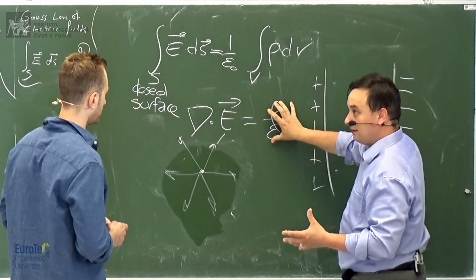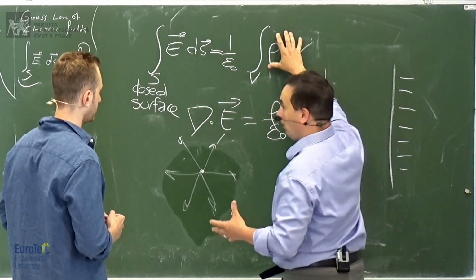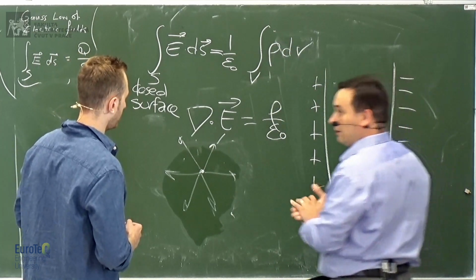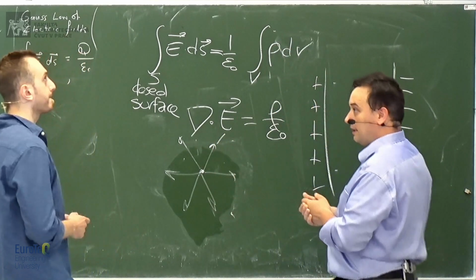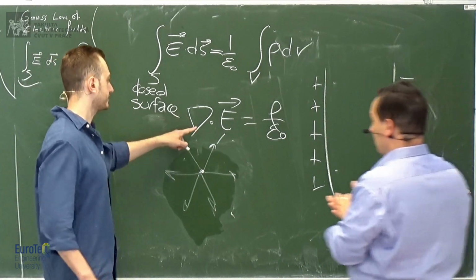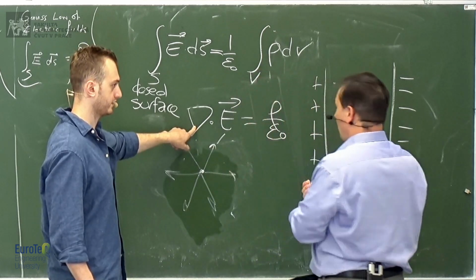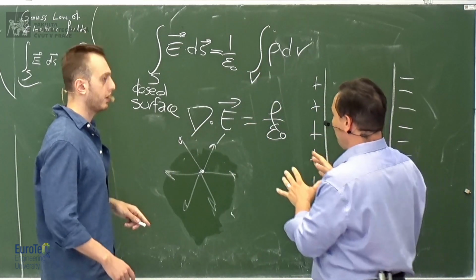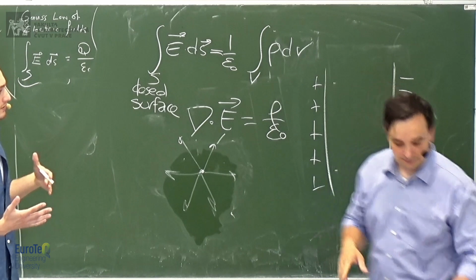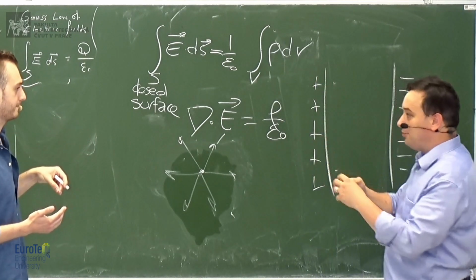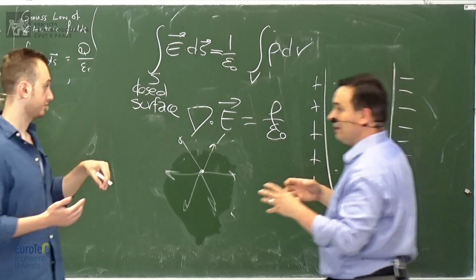You integrate this charge density over the volume, you get the total charge. Okay, but also this, the del operator, is actually partial derivatives. We won't go into explaining that. But that makes sense, because the derivative tells you how much it's changing at the point.